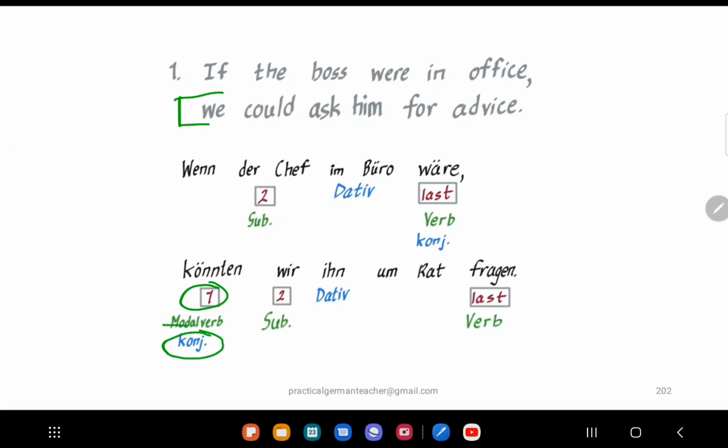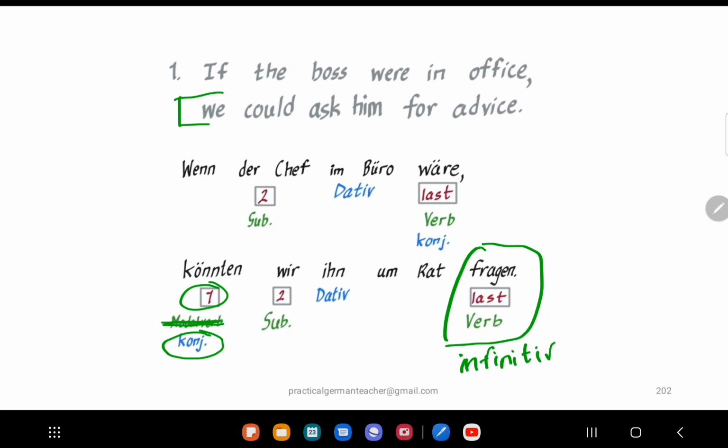Okay, this is not a modal verb, I apologize for this, it's Konjunktiv II. I think I said modal verb just to make you understand how the grammar works, because whenever you have a modal verb, you only conjugate the modal verb, and the other verb you leave as it is in its infinitive form. Okay, this one is in its infinitive form.